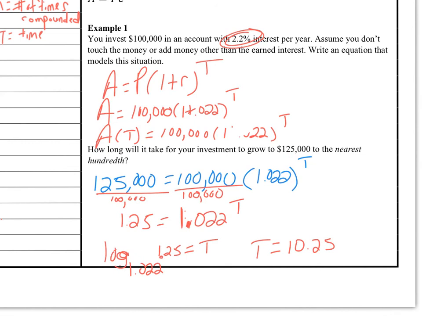From t equals 1 to 2 is the second year. So from t equals 10 to 10.99, or 11, is going to be the 11th year. So if this question were to say, during which year, instead of nearest hundredth, during which year would it finally reach 125,000, you would have to round this answer up to 11, and you do want to be careful about that. All right, moving on.